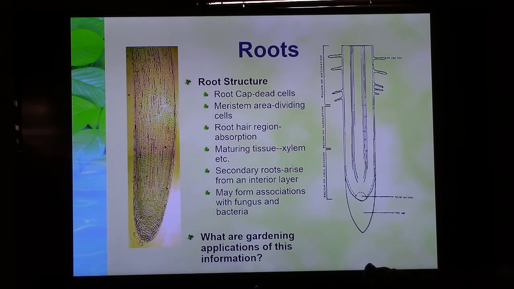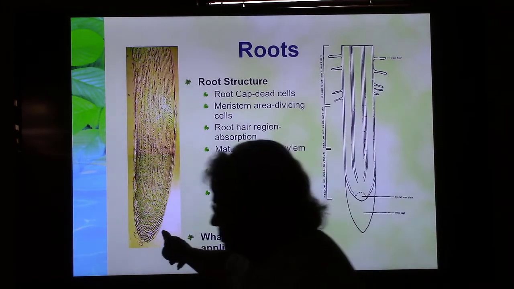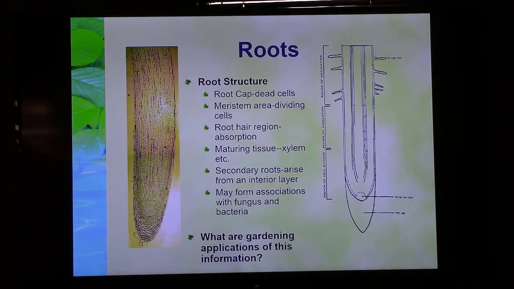Okay, here's a photograph and a diagram of an onion root. If you took one of those little white live onion roots and put it under the microscope and stained it correctly, this is what you'd see.